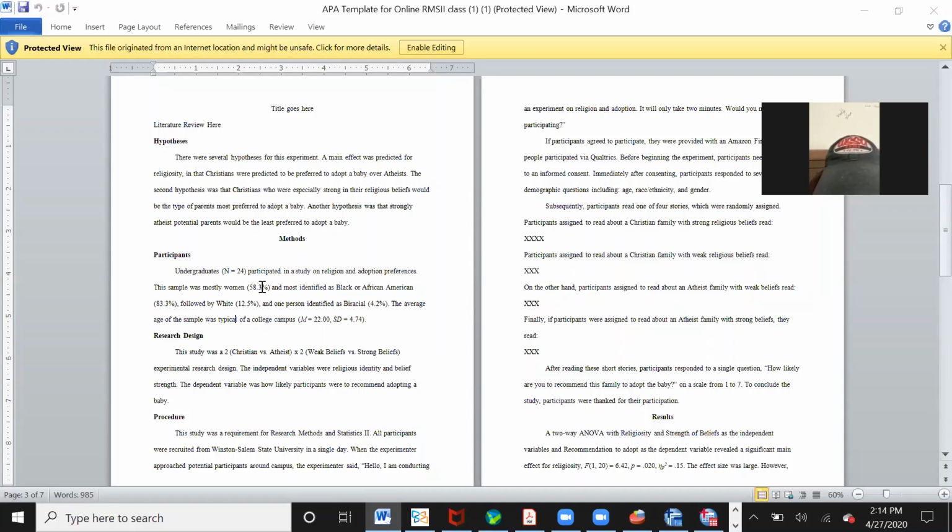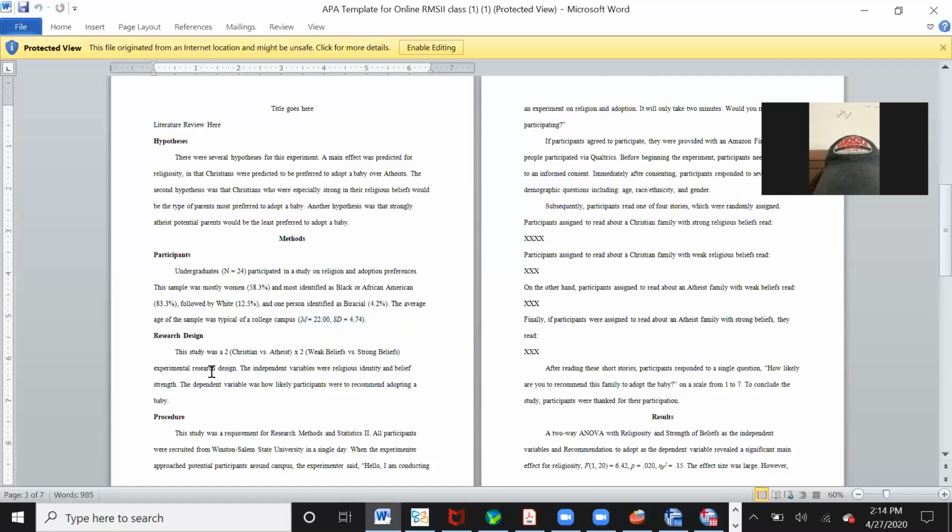Describe your sample in terms of sex and race. You also need another sentence where you describe the age of your sample and report the mean and standard deviation. If you'd like, you can copy and paste this part just for formatting, so you can plug in your own information. But other than that, there really shouldn't be any direct copy paste.